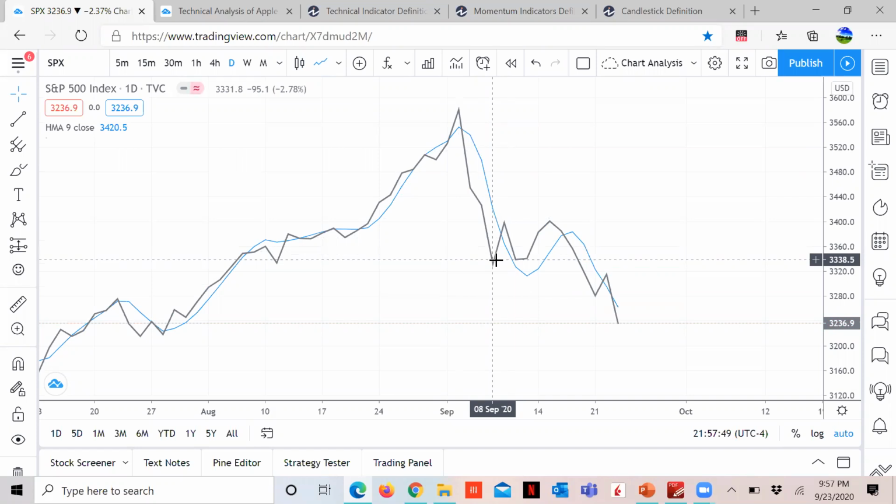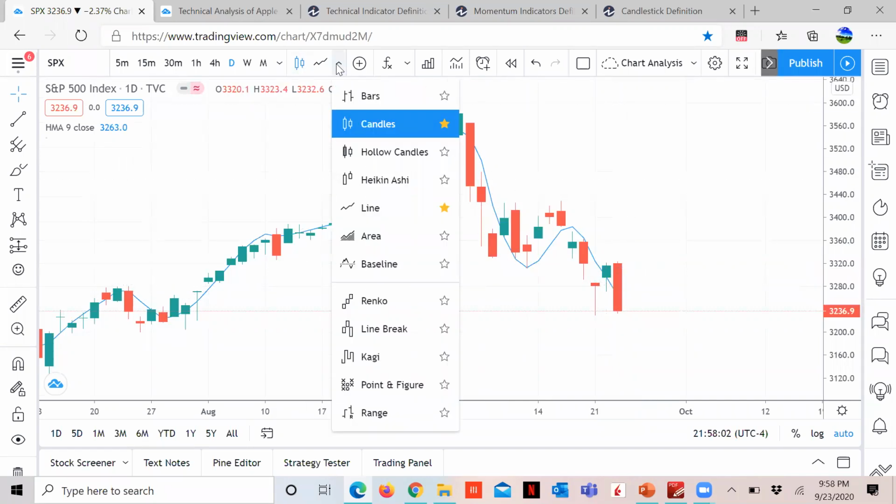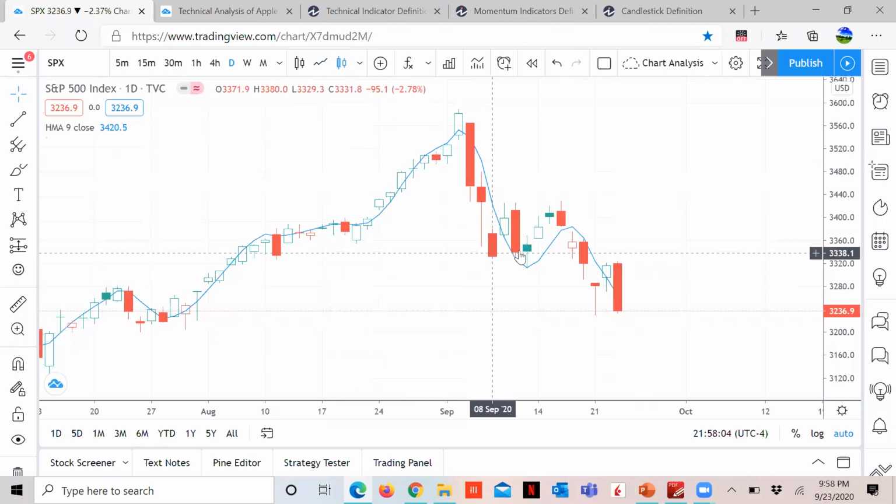So out of this session, the basic things I want you all to remember are what a candle is. We'll dive a bit more into it, as Hanif bhai was pointing out, with the hollow candles and what the green hollow or the red hollow means, and we'll get to it in the next session.